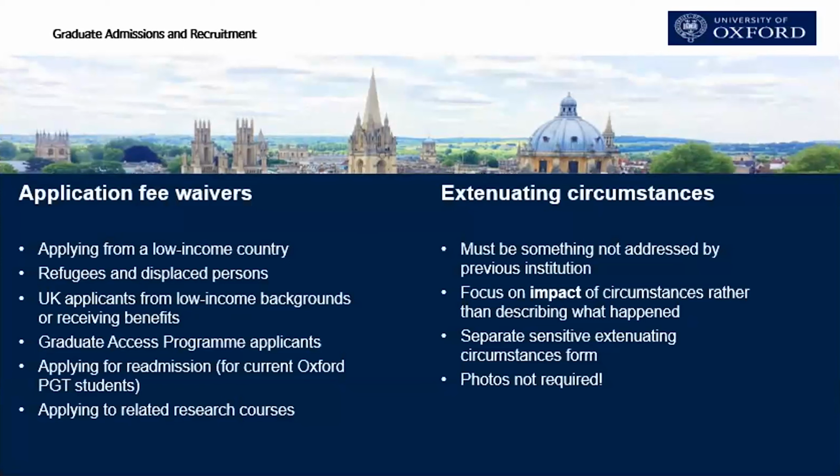The other types of waiver schemes involve you receiving a code that you put into the beginning screen. So if you come from a low enough income background that you received a very high level of support from one of the UK regional funding bodies during your undergraduate degree, then you might be eligible for a waiver, or if you're in receipt of one of a range of means tested benefits.